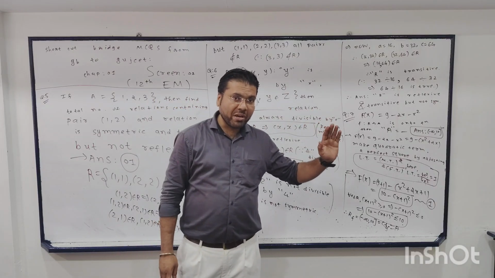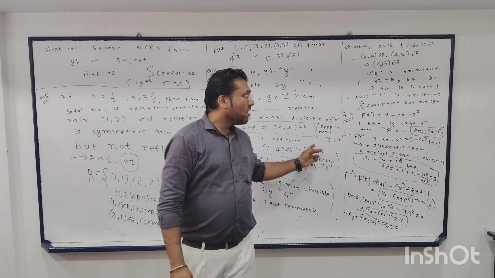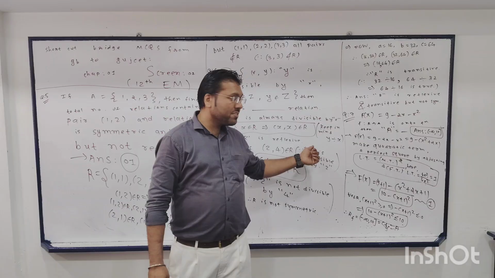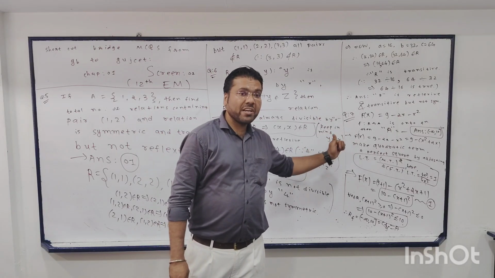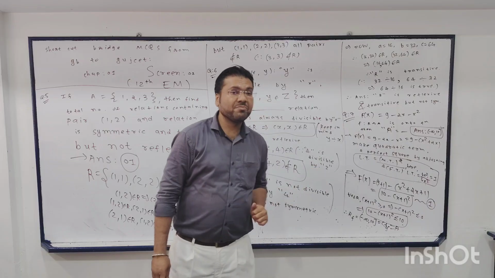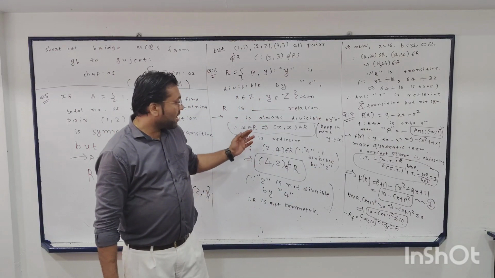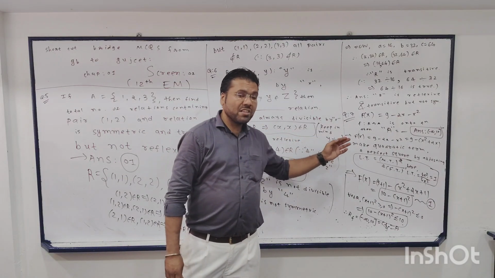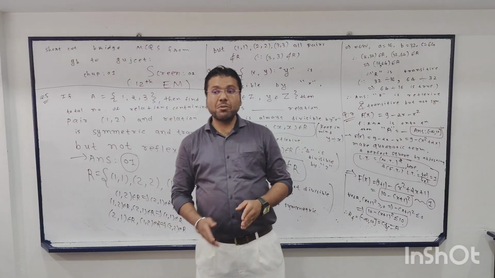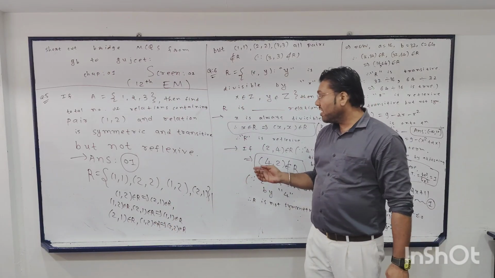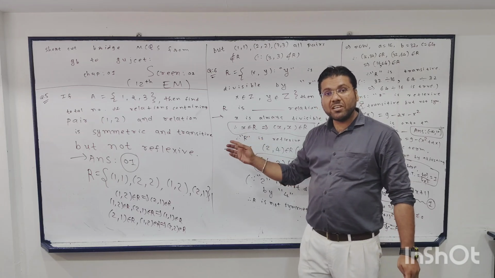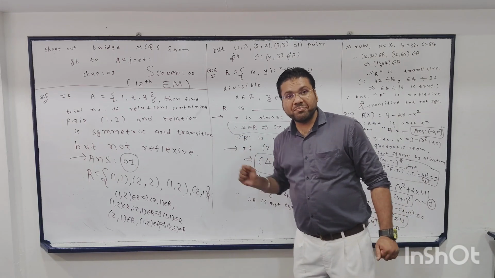Just keep in mind this hint: if y is divisible by x is given, think of y divided by x, y modulo x. So x is divisible by x, that is always true. 1 is divisible by 1, 2 is divisible by 2, 3 is divisible by 3. So you can say that R is reflexive.